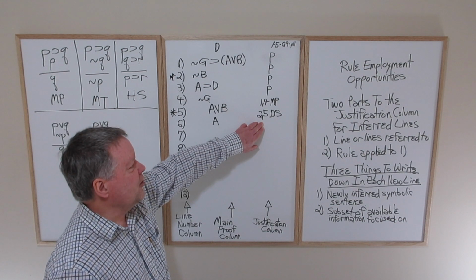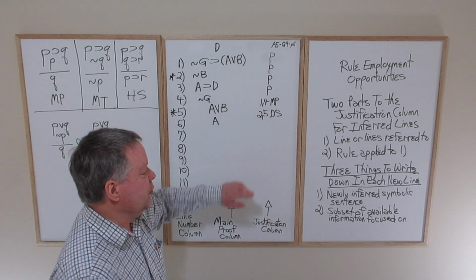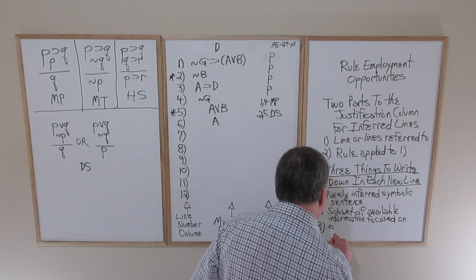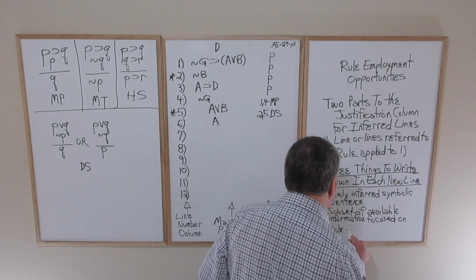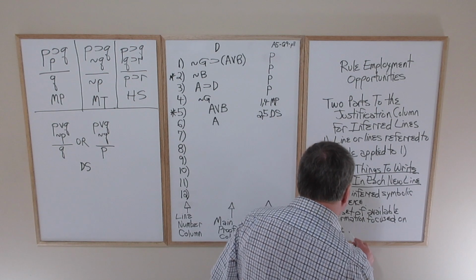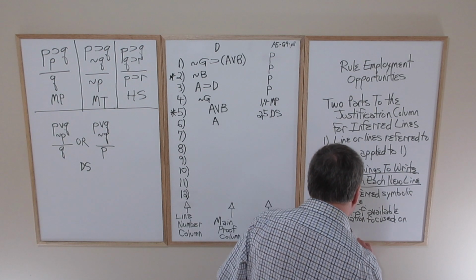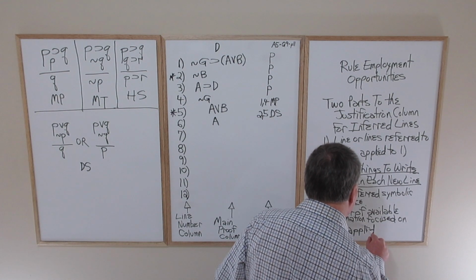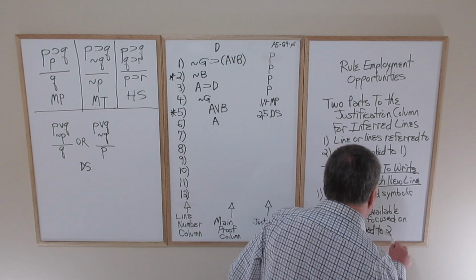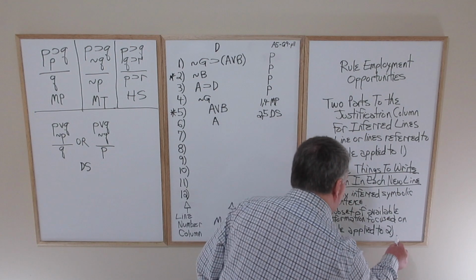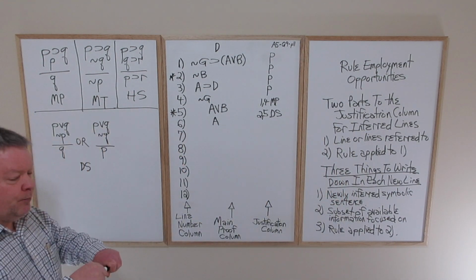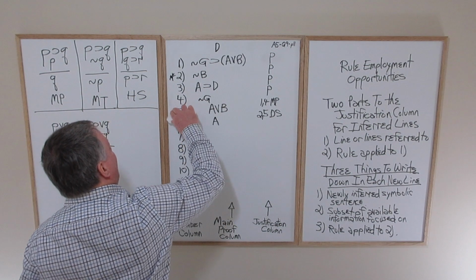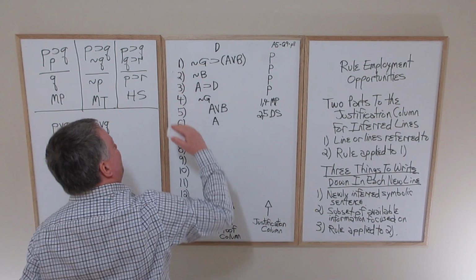In line 6, that's going to be lines 2 and 5. Then there's going to be the abbreviation for the basic rule applied to those lines of information. So we've now completed the second line in our proof.